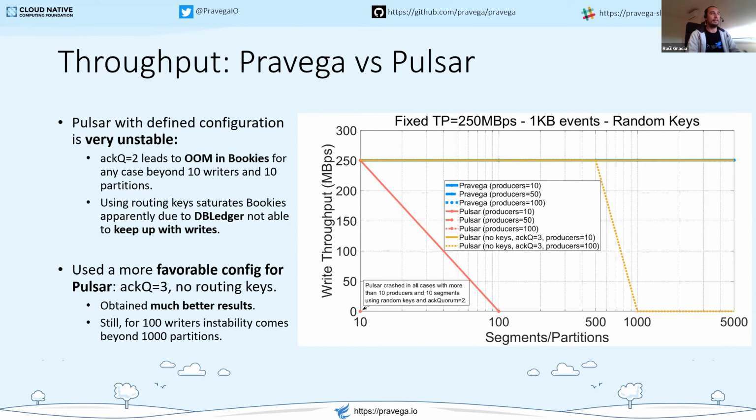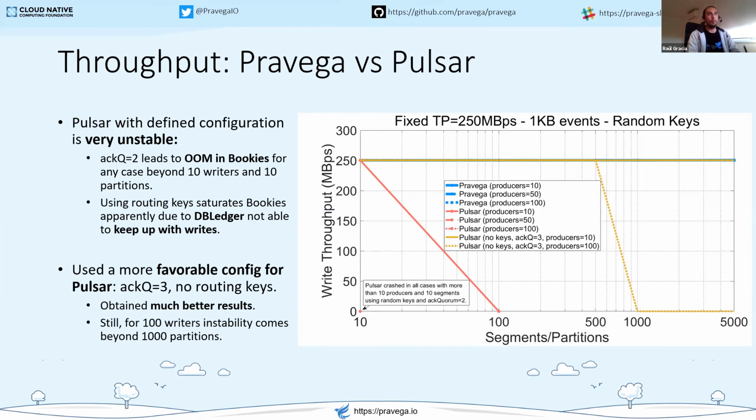If you go into it, it boils down to the DB ledger, which is the ledger that is configured by default in Pulsar, not being able to keep up with the amount of writes to the journal, right? So for this reason, you can see that Pulsar, which are the red lines in this plot, almost none of them could make it more than 100 segments, right?